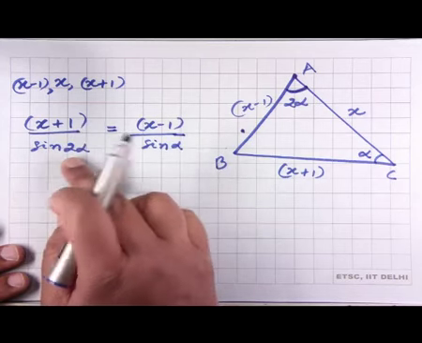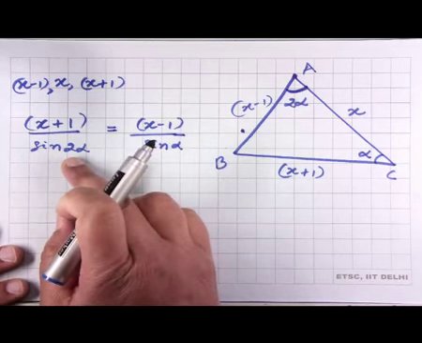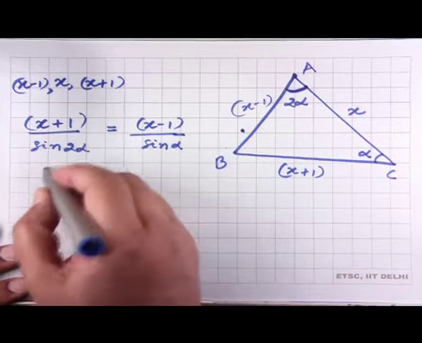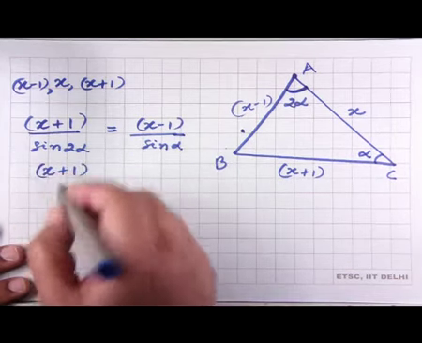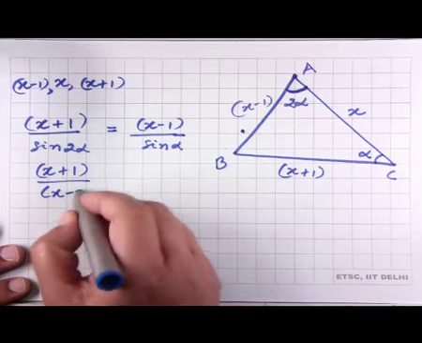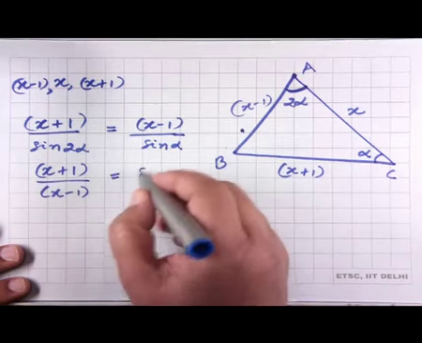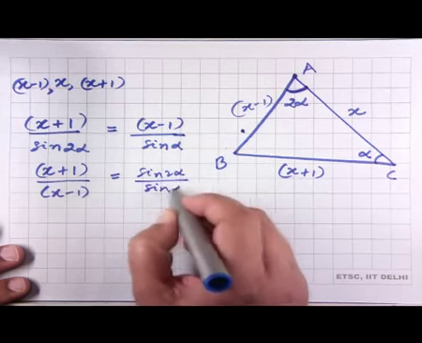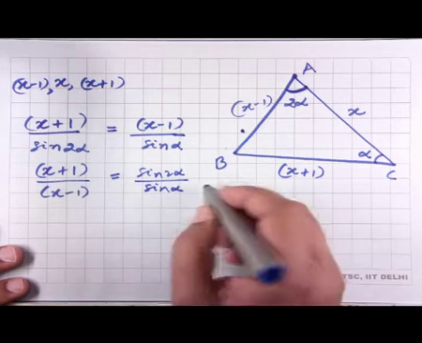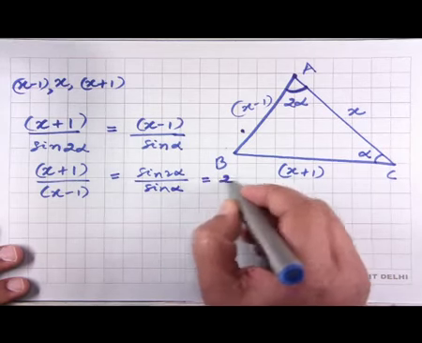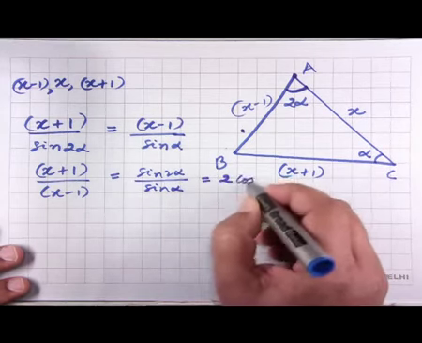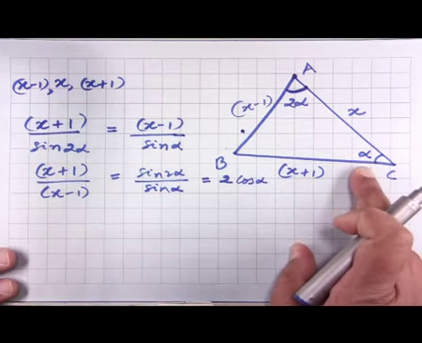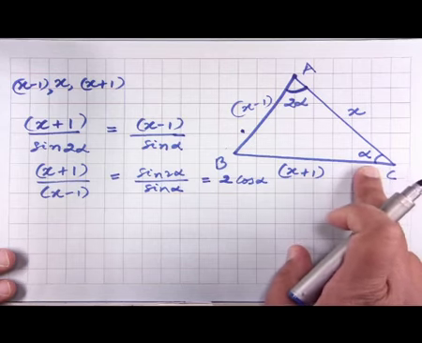Since sine 2a is 2 sine a cos a, using that identity, what we eventually get is that x plus 1 over x minus 1 is sine 2 alpha over sine alpha, which is equal to 2 times cos alpha.